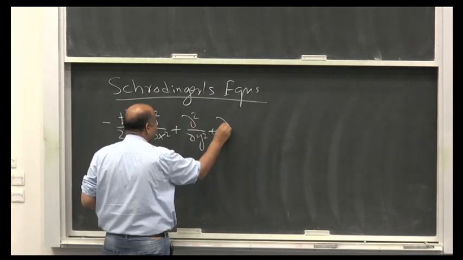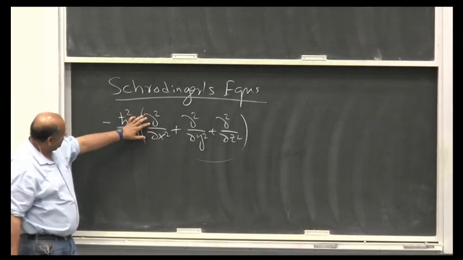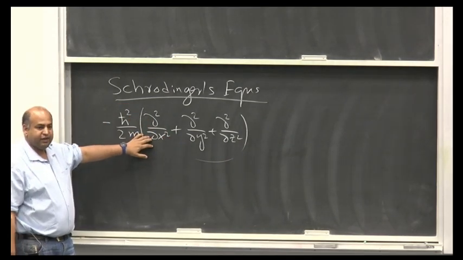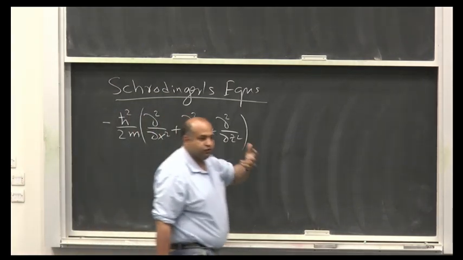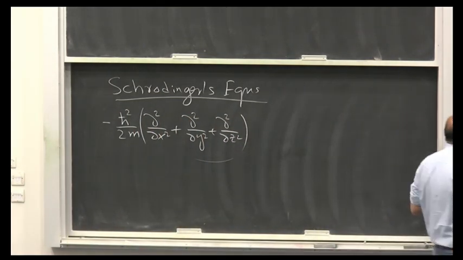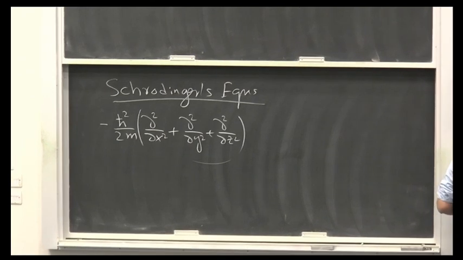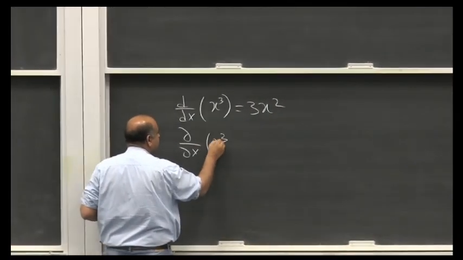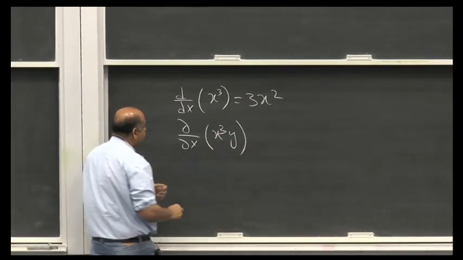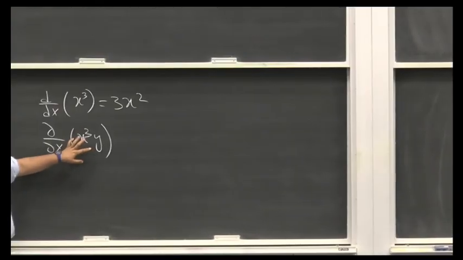So in Cartesian coordinate system, this is the partial derivative with respect to x, double derivative. Partial derivatives, for those of you who don't know, but I think most of you know because of phys lab, simply mean that when you are doing a derivative with respect to, let's say, x of something, you know this is 3x squared, but when you have a function of more than 1 variable, the partial means that other than x, everything else is treated as constant.